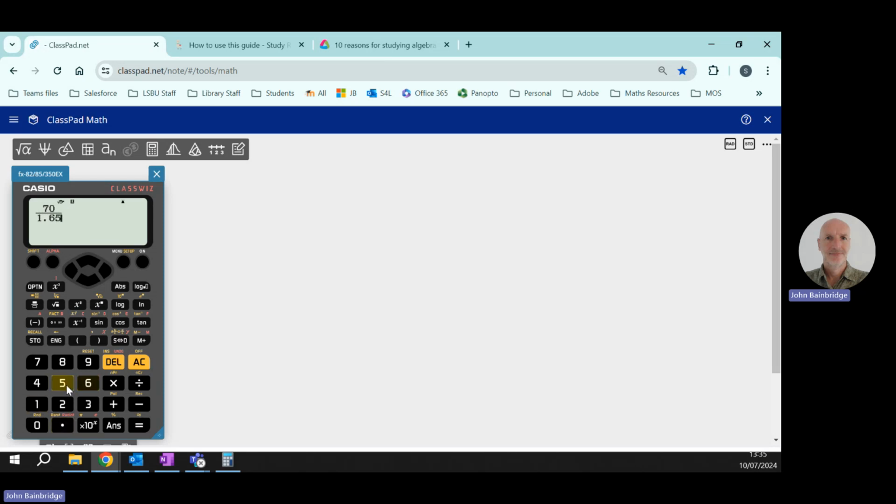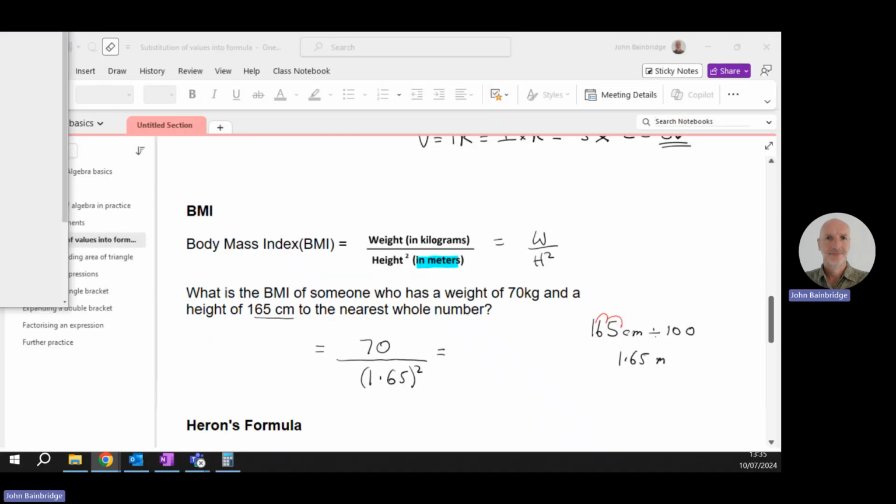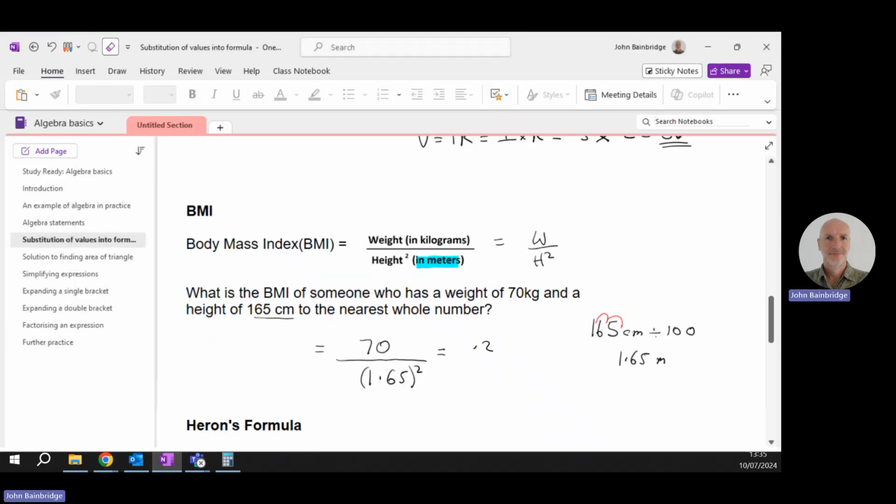So I'm going to put 1.65 times 1.65. That gives me the same value, so it's 0.2571.